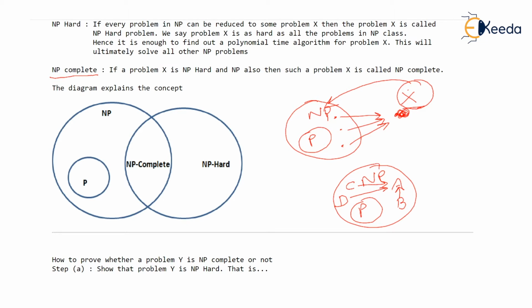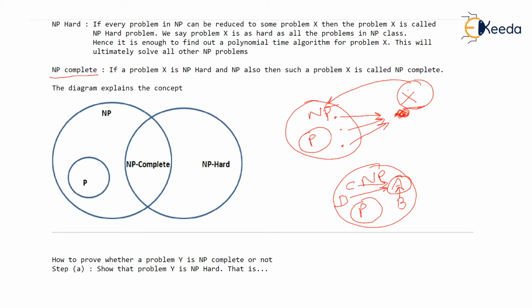We don't know. But imagine there are 4 problems in NP, and all the 3 problems B, C, D are reducible to problem A. Then A is NP hard, isn't it? Because all the NP class problems are reducible to problem A. And we know that A belongs to NP. Then such problem A is called NP complete problem.